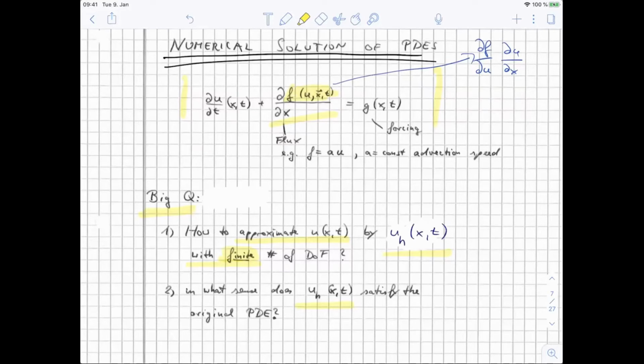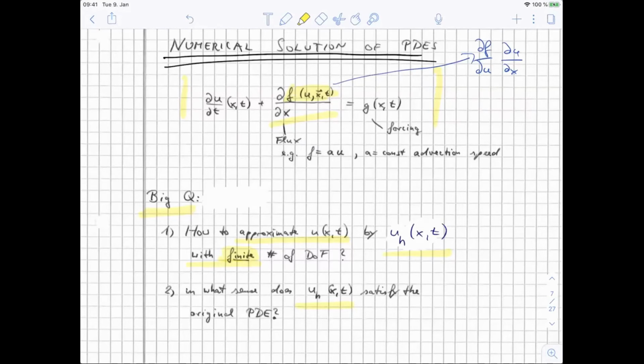Because we have approximated the solution, thrown away a large number of degrees of freedom, we won't be able to satisfy the original PDE absolutely. We will have to make some approximation there as well.